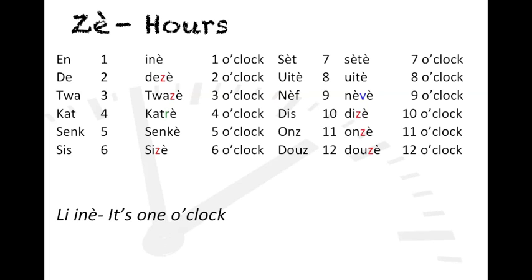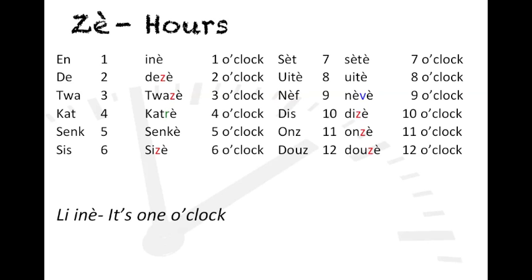And the F in neuf is going to change to a V. So neuf becomes neuf heures. In the case of the rest of them, it's just a matter of adding heures to the end of the number. So cinq becomes cinq heures, sept becomes sept heures, and huit becomes huit heures.